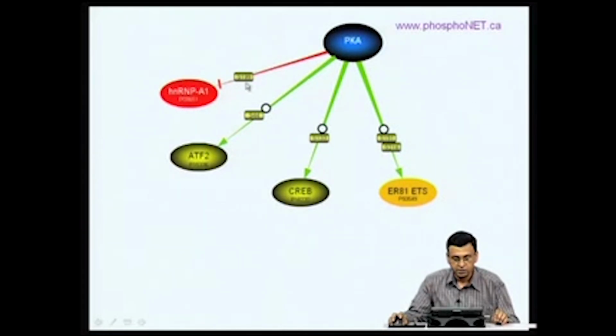It gets phosphorylated on serine 199 and is activated by PKA signaling. So, although we focused our attention primarily on the ATF CREB family of transcription factors, which are the target for cyclic AMP and PKA, more and more transcription factors are being recognized as targets for PKA and are being identified and studied.